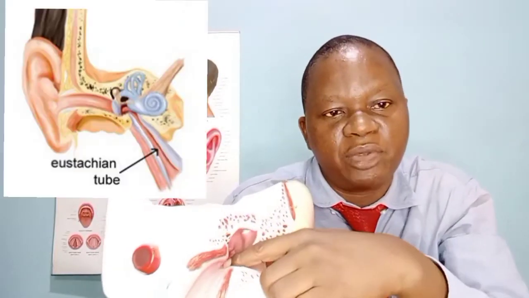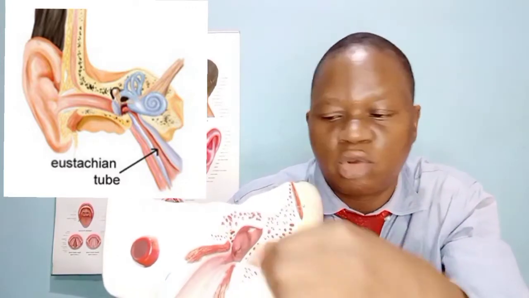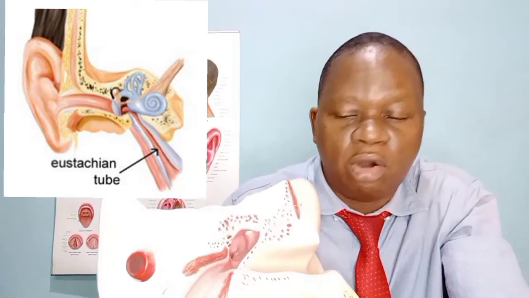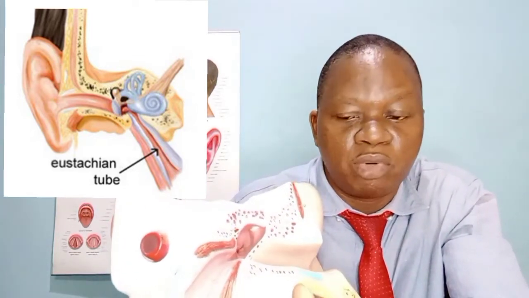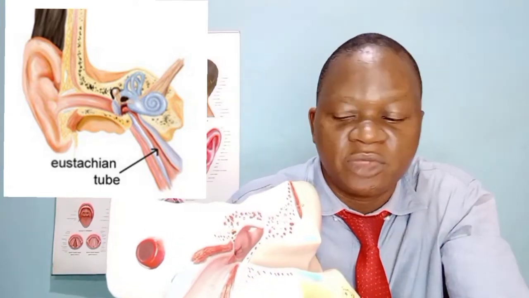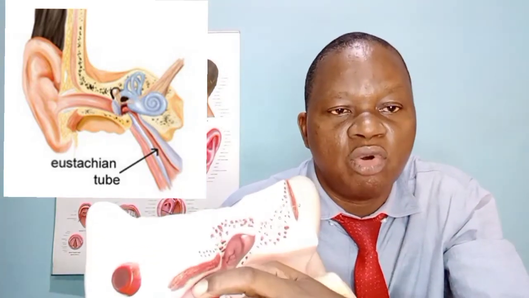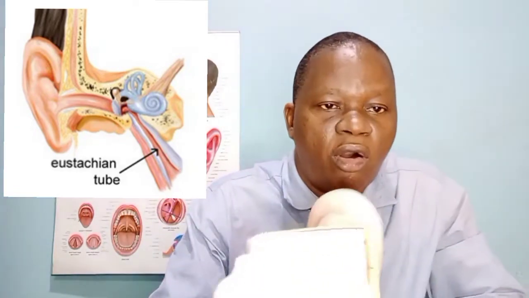Also found in the middle ear is the Eustachian tube. The Eustachian tube is a narrow tube that leads from the middle ear to the back of the pharynx, which is the throat, and it's usually open during yawning. The purpose of the Eustachian tube basically is to equalize the air pressure on both sides of the ear.